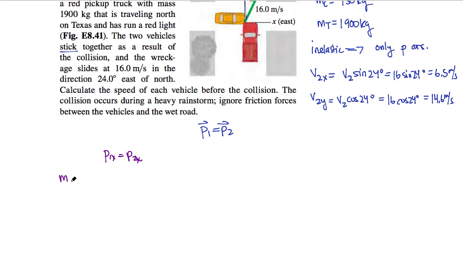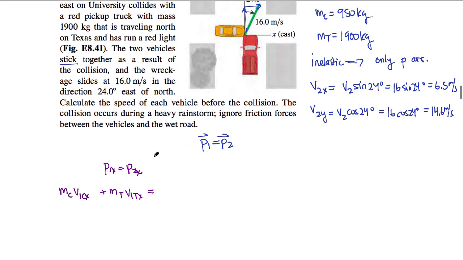So before the accident, I had the car traveling at some speed in the X direction, and I had the truck, which was traveling at some speed in the X direction. And that will be equal to, since this is an inelastic collision and they stick together, I can treat them as one mass after the collision. So it will be m car plus m truck times the final velocity of the two in the X direction.